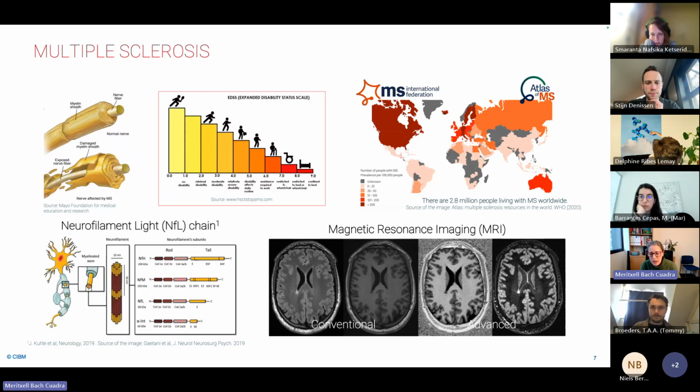And we have as well some biomarkers like this NFL chain that come more from the CSF spinal fluid. But in our context we have the MRI as a key workhorse to track the dissemination in time and space of these lesions that MS causes, right?